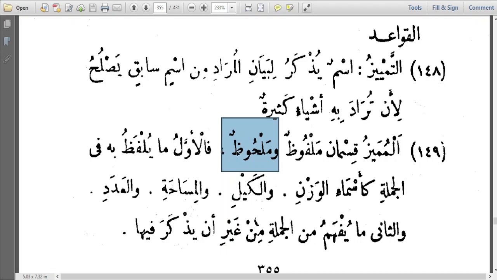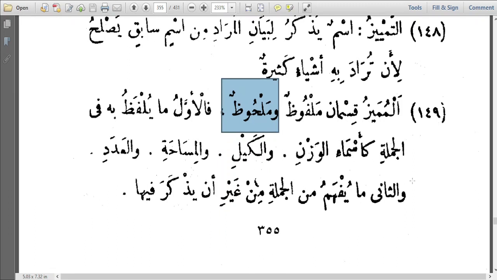It says فالأول أي التمييز الملفوظ ما يلفظ به في الجملة, that which is pronounced in the sentence, كأسماء الوزن والكيل والمساحة والعدد, like the nouns for weight, measure, distance, and numbers. So number, weight, kilograms, الكيل, a cup of, a pan of, والمساحة, a meter of, those measurements for distance, they are mentioned in the sentence. So you mention what you intend from these measurements after it.